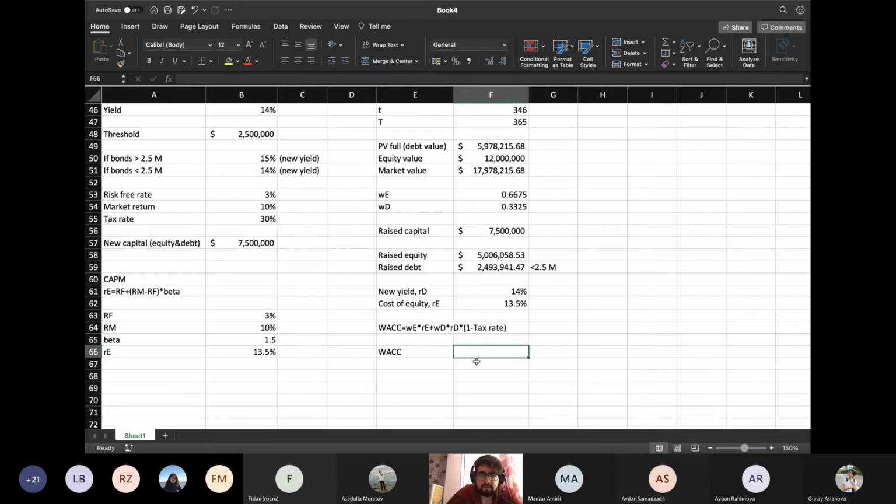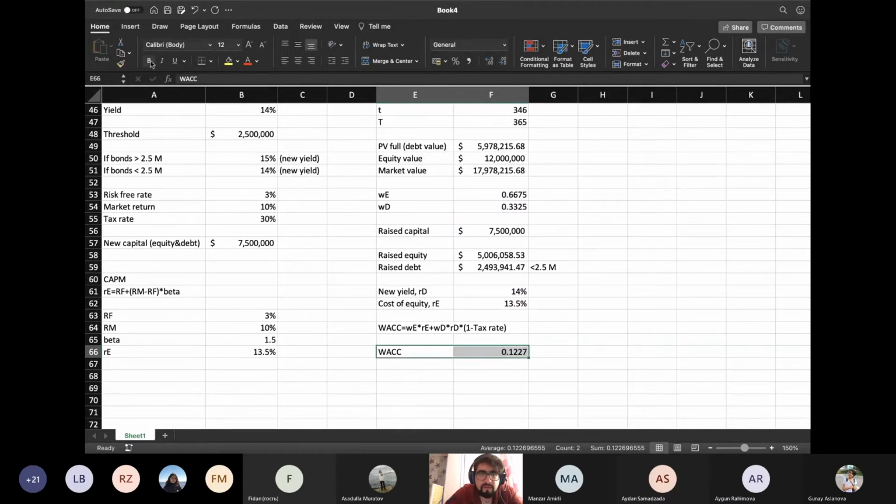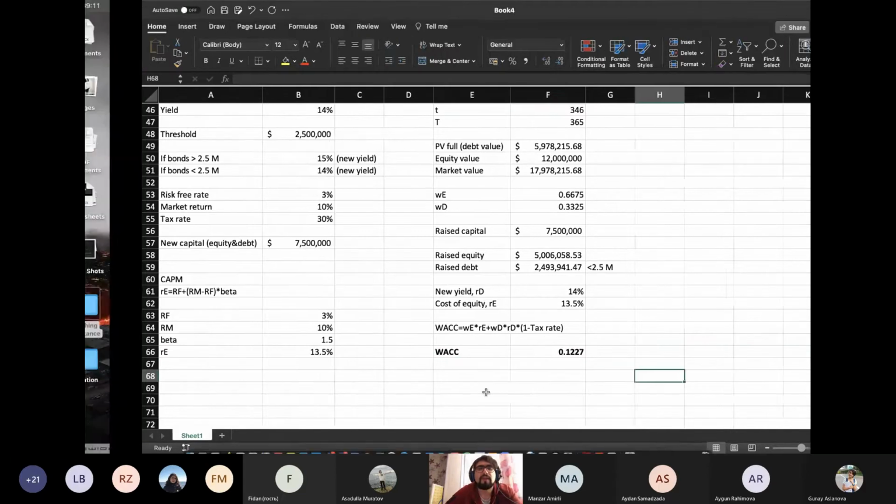So WACC is equal to weight of equity multiplied by cost of equity plus weight of debt multiplied by cost of debt and multiplied by 1 minus tax rate. This is WACC, weighted average cost of capital. Is it clear?